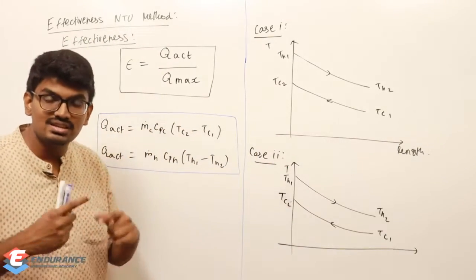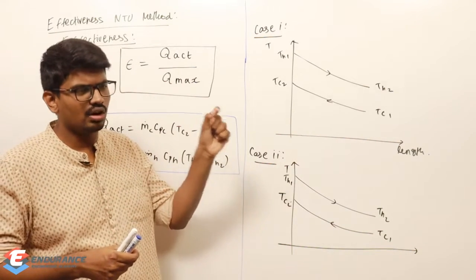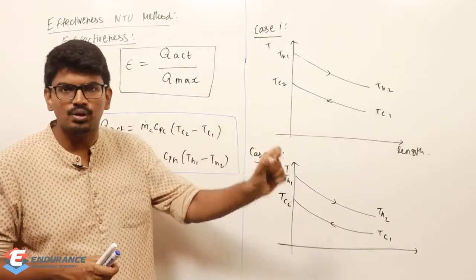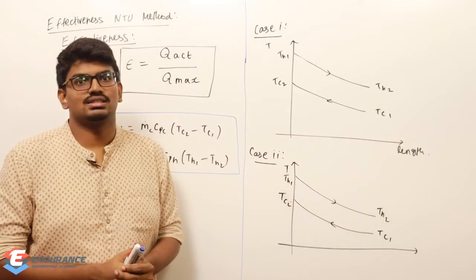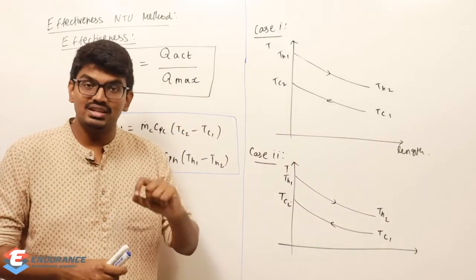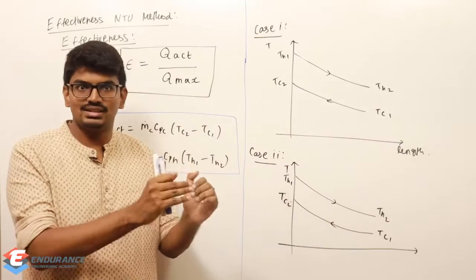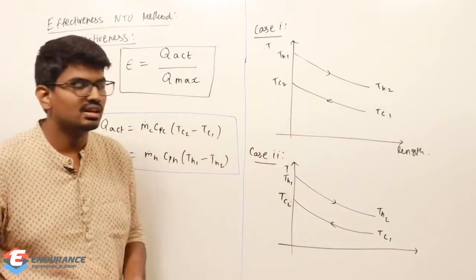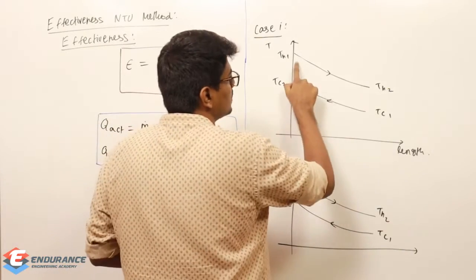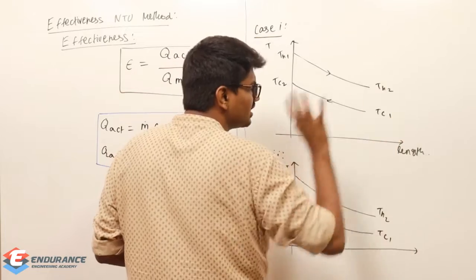So if maximum heat transfer has happened, then the hot fluid would have reached the minimum possible temperature. That is one case. The other case is, the maximum heat transfer would have happened when the cold fluid has reached the maximum possible high temperature. See, we know that hot fluid is continuously decreasing. What could be the minimum possible T_h it can reach?